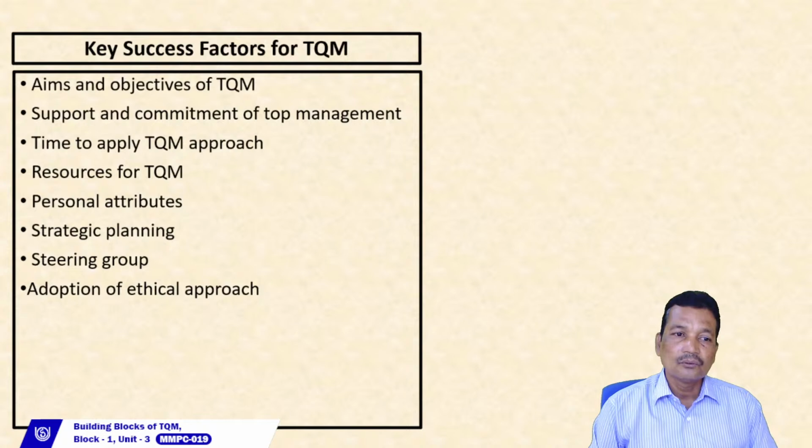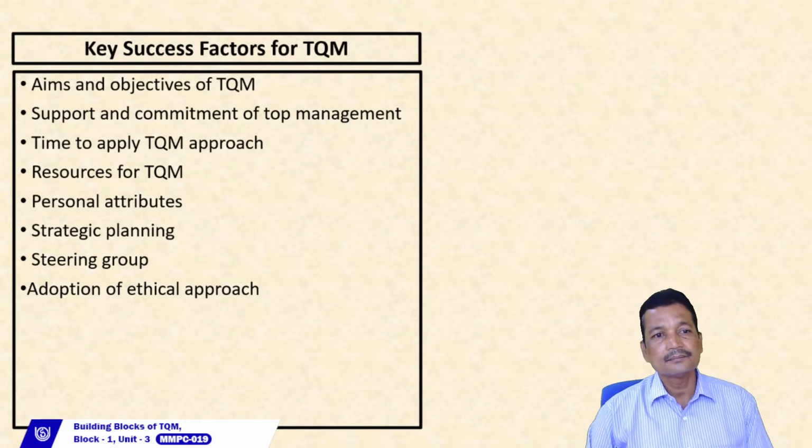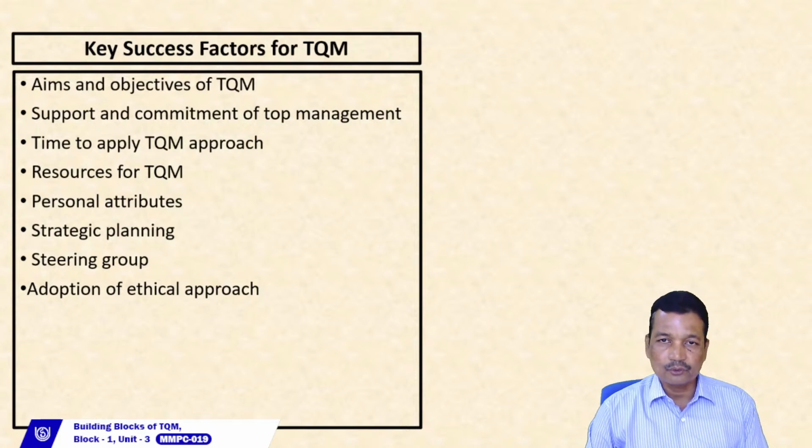Now, one may say that when you are applying TQM, usually it is not done to the whole organization. We take a part of a process and we try to apply the TQM approach.